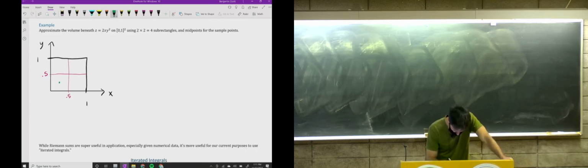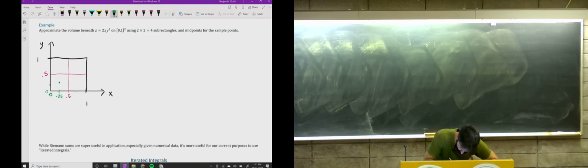So the midpoint of this subrectangle is where the x-coordinate is the midpoint of 0 and 0.5, which is 0.25. The y-coordinate actually is also the midpoint of 0 and 0.5, which is also 0.25. So my first sample point will be 0.25, 0.25.